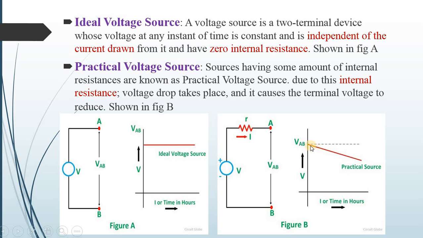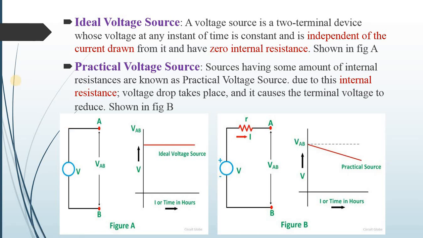It will get reduced as current increases. If you compare the ideal voltage source and practical voltage source, in case of the ideal voltage source, voltage is constant, but in case of the practical voltage source, it is not constant. It will get reduced as the current increases. So this is all about the voltage sources.